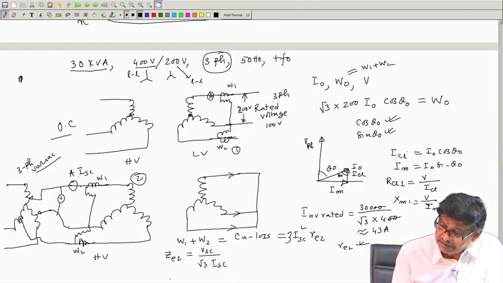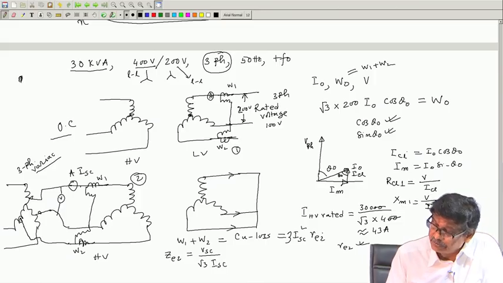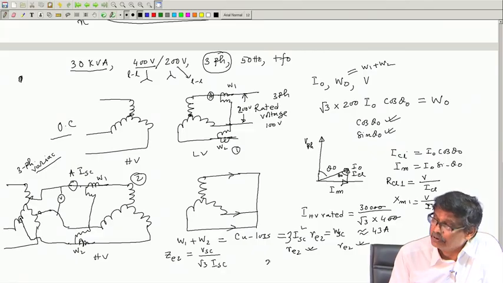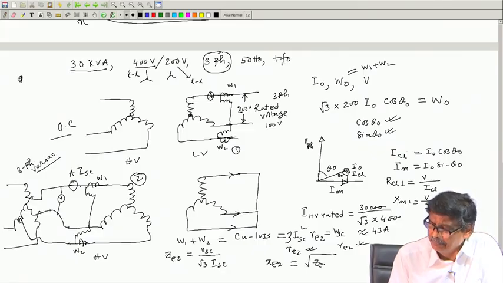And once you get this, RE2 is known from WSC. So, with RE2 known, then XE2 can be separated, which is equal to root over ZE2 square minus RE2 square.